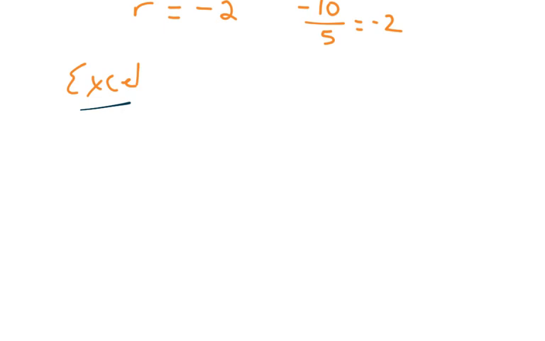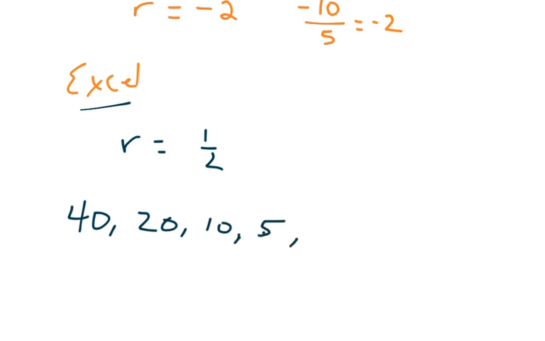I said that r could also be a fraction. Say r is 1/2, and let's make 40 the first term. Multiplying by 1/2, you can see that it can keep on going.